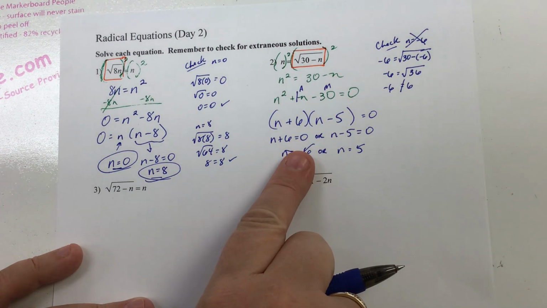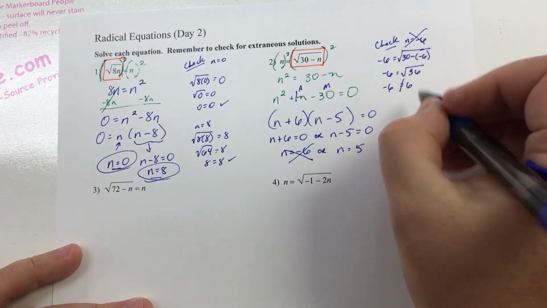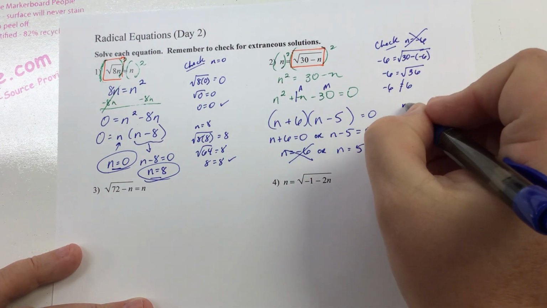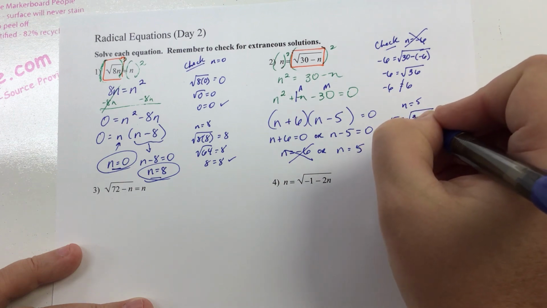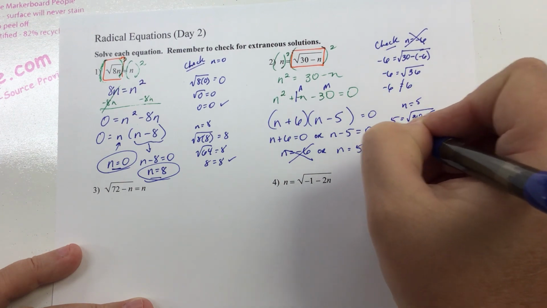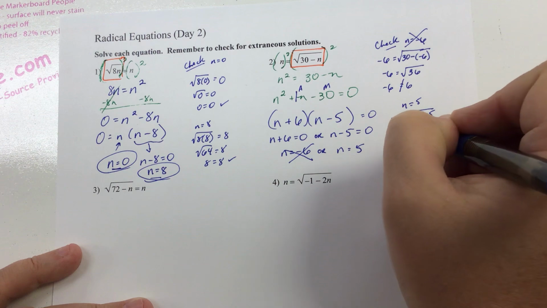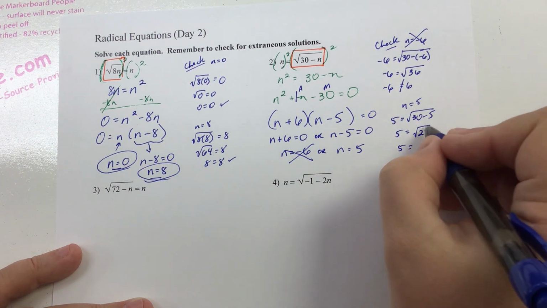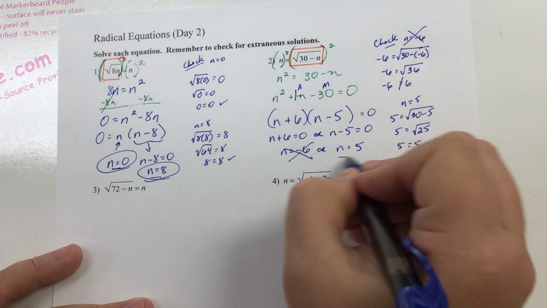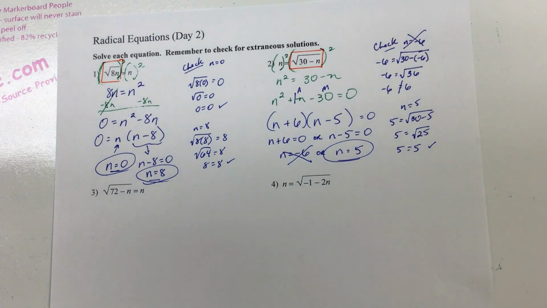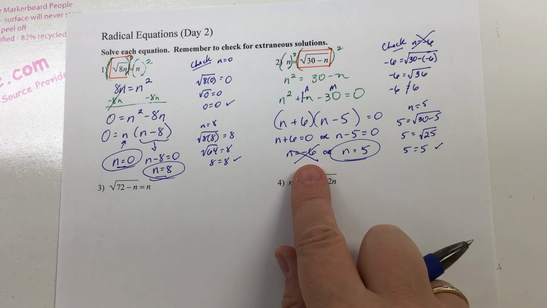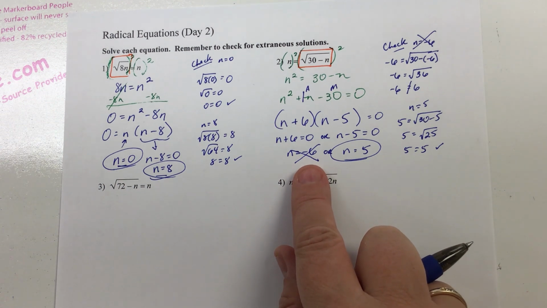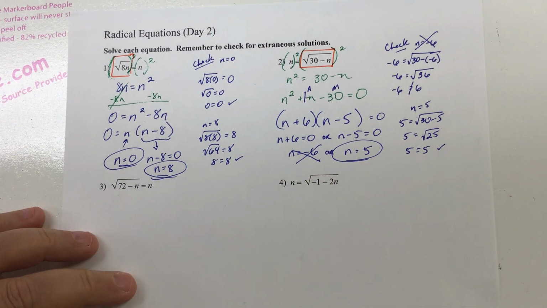Now check positive 5: does 5 equal the square root of 30 minus 5? 30 minus 5 is 25, and the square root of 25 is 5, so that one works. My solution is n equals 5, because n equals negative 6 was extraneous.